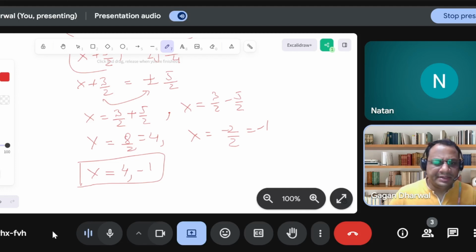Again, let's have a small revision of the steps. If the coefficient of x square is 1, then the case is very easy. You just have to halve the coefficient of x, square it, and add to both the sides. And try to make an identity on the left hand side. Take the square root on both the sides, and that will give you the values of x.